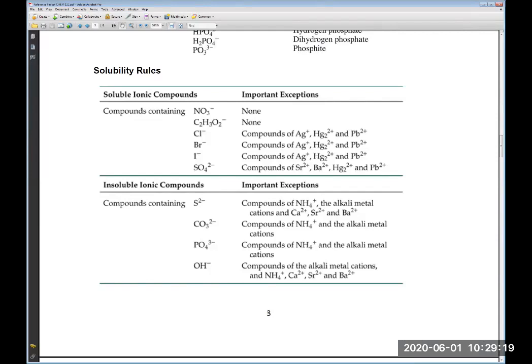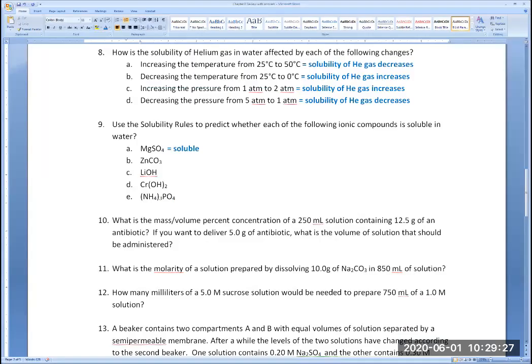Zinc is not an alkali metal, so it's insoluble. The carbonates are usually insoluble, and zinc is not an exception, so it's insoluble.